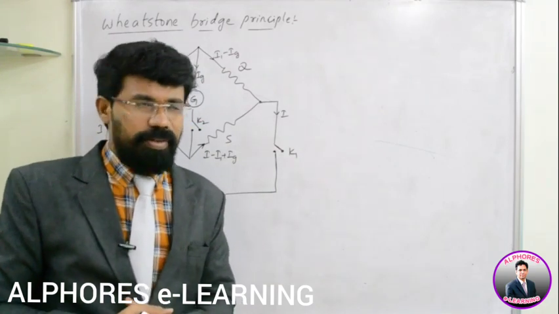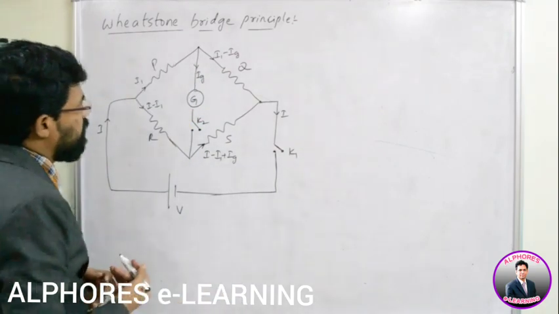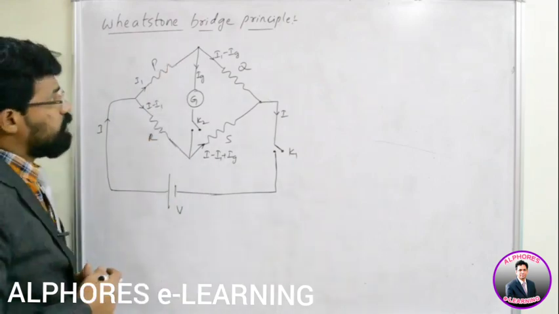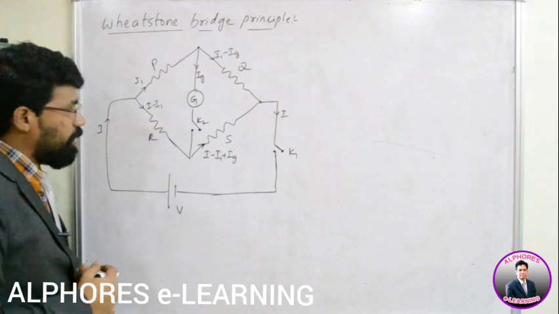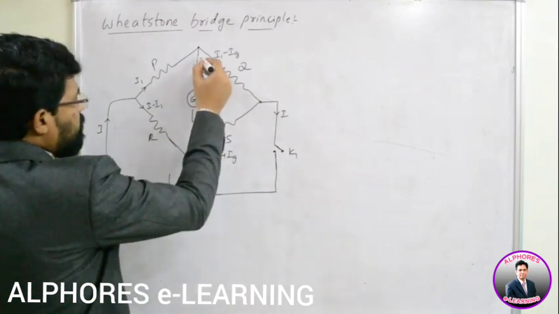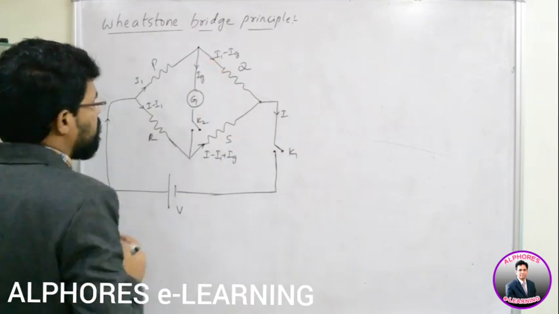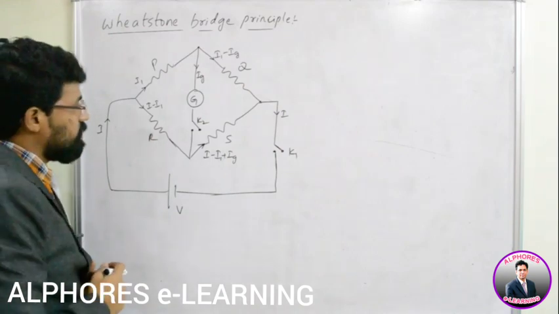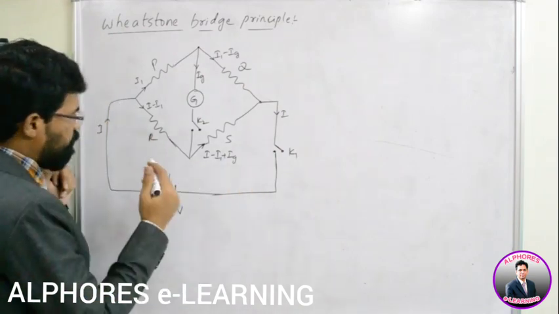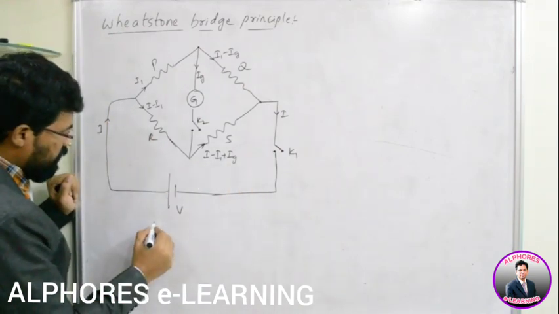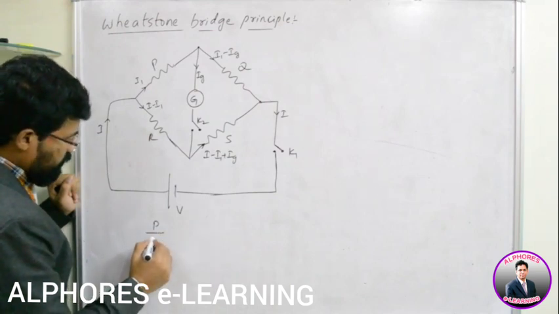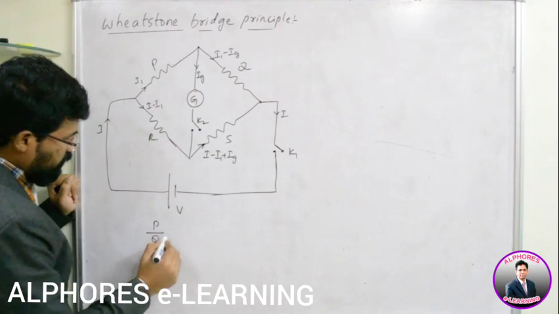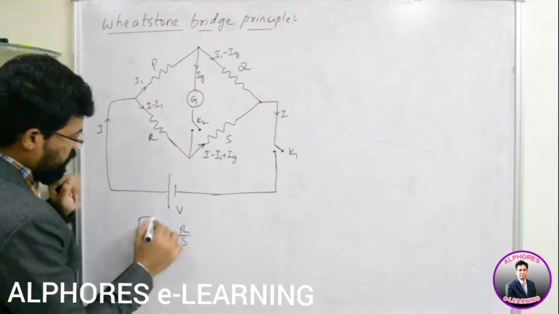I'll tell you what it means. What is the condition according to this principle? It states that if you have such an arrangement, and the current passing through the galvanometer branch is 0, then the bridge is said to be balanced. If the bridge is balanced, it immediately follows that P by Q is equal to R by S.